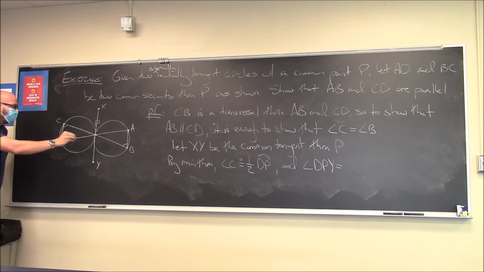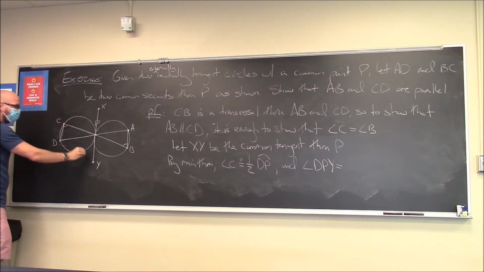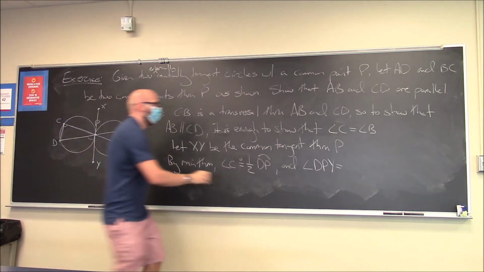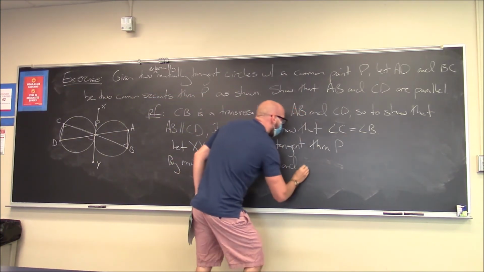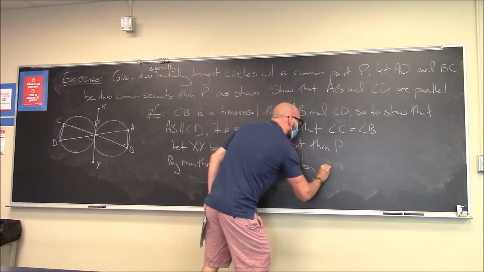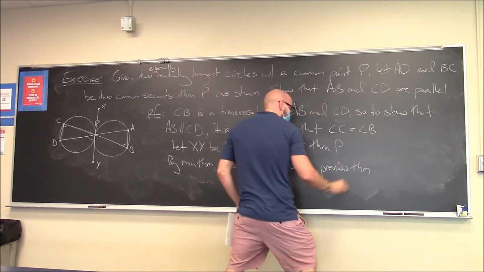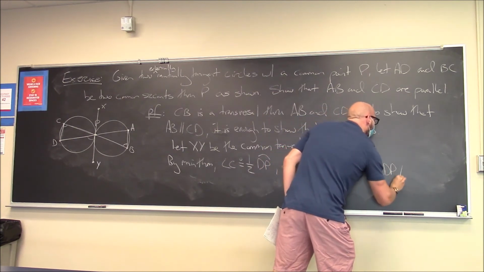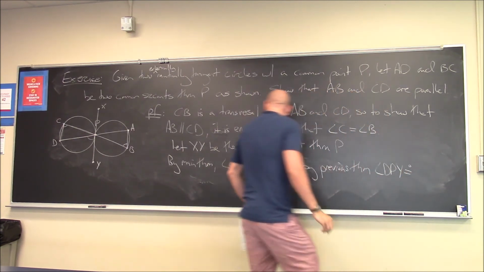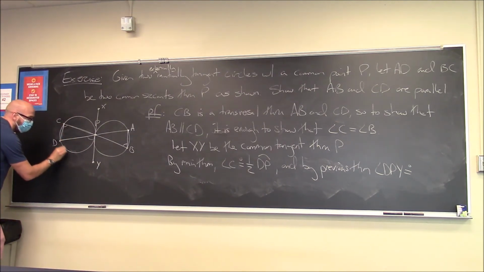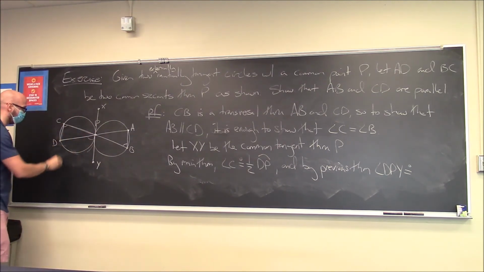We have a chord and we have a tangent, and we just showed in our very last theorem, so by previous theorem, angle DPY is equal in degrees to 1/2 of its subtended arc. So this would also be 1/2 of arc DP.